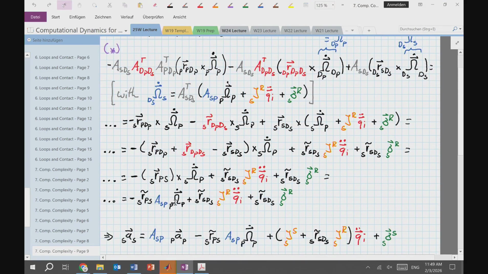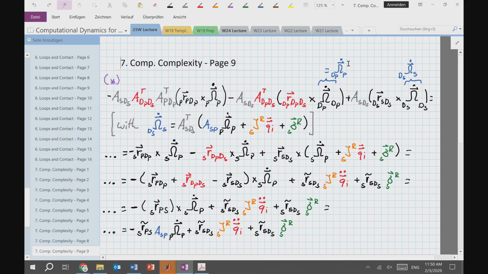At the very end, I end up with something of this form: stuff that only depends on the angular acceleration of the predecessor, stuff that depends on the angular acceleration of the joint, here expressed by this rotational Jacobian times Q double dot, which is where all the omega s dot ended up by making the substitution here. And then I have stuff that I would classify as bias terms.